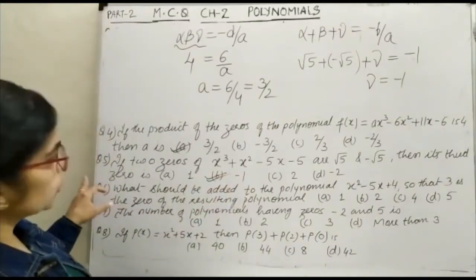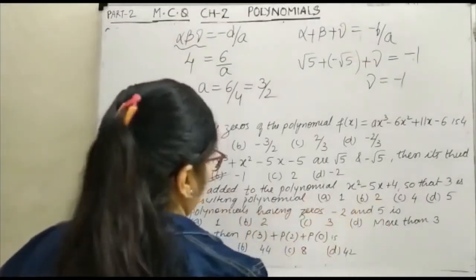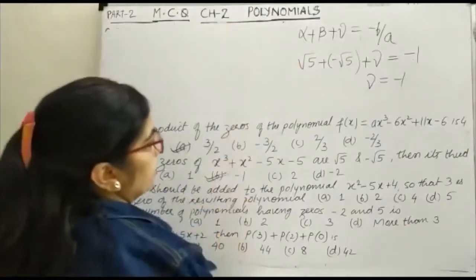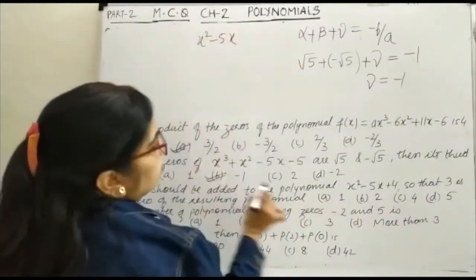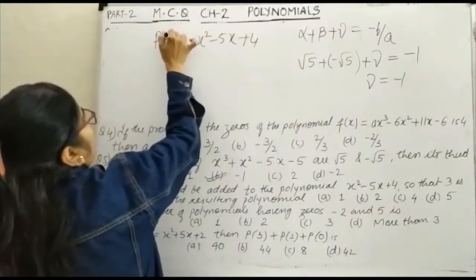Then question number 6. What should be added to the polynomial? You can see here your polynomial is x square minus 5x plus 4. Okay, this is your polynomial.